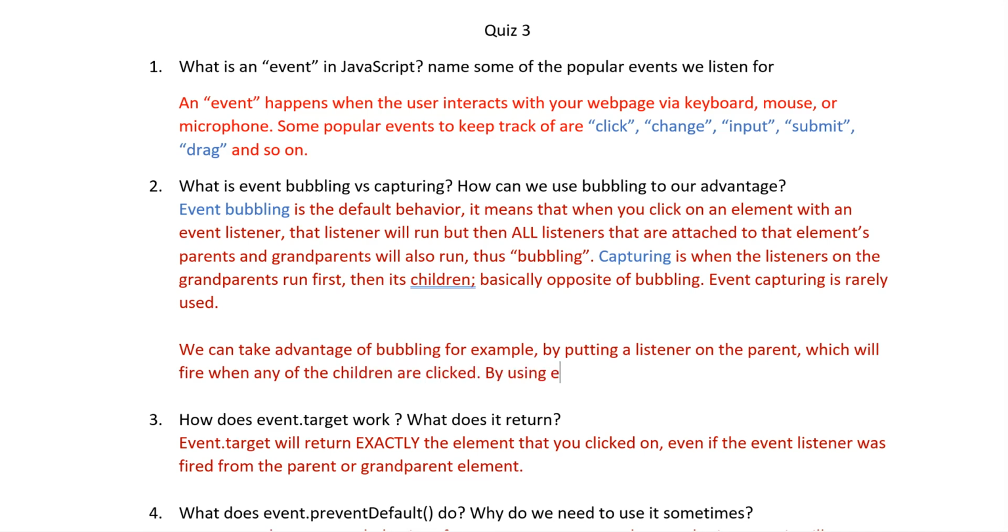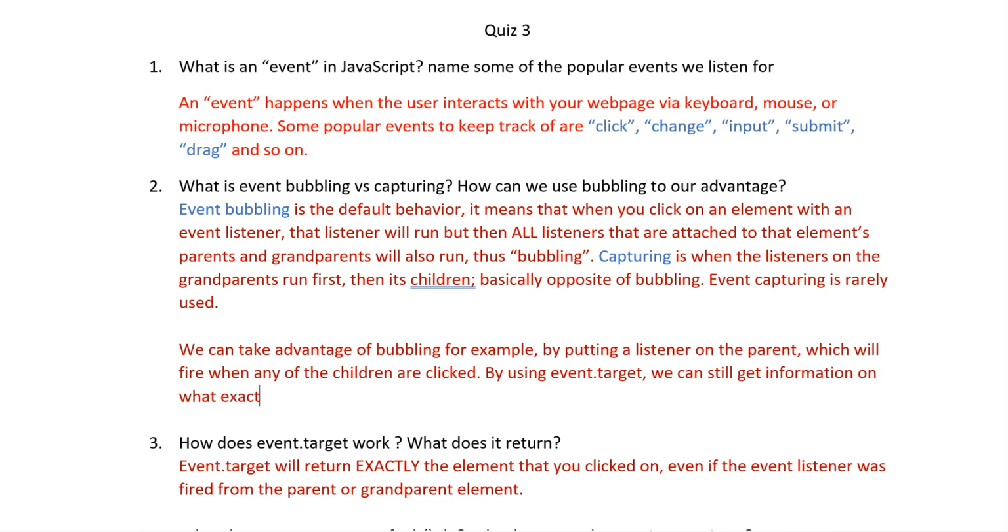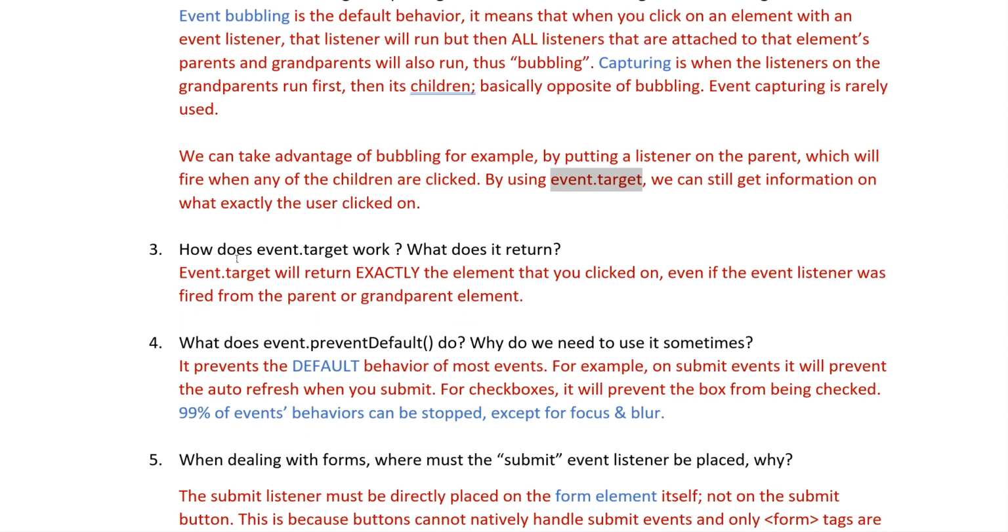By using event.target, we can still get information on what exactly the user clicked on. Okay, so thanks to event bubbling and thanks to the nature of how event.target works, we can do that.